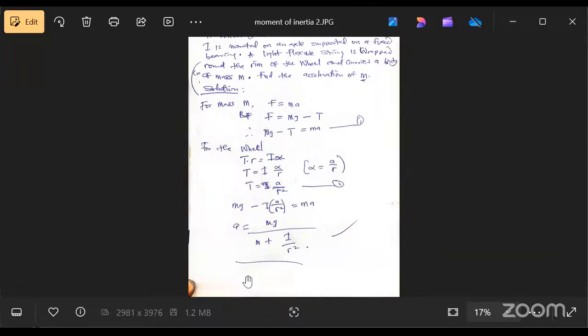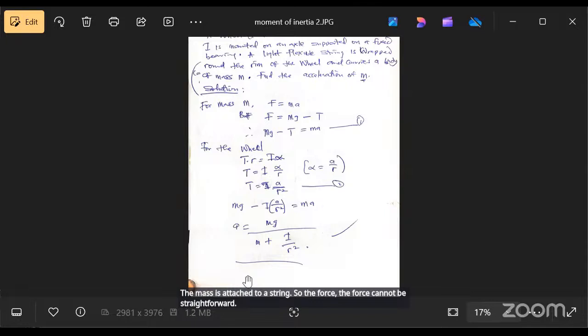But this is a system. The system has a wheel, and the mass is attached to a string. So the force cannot be straightforward.